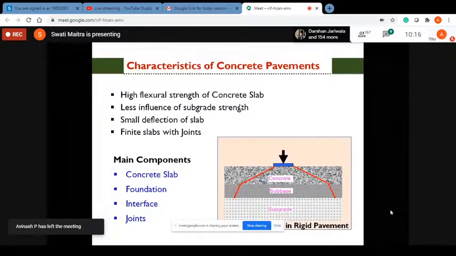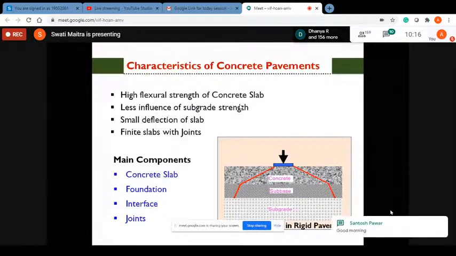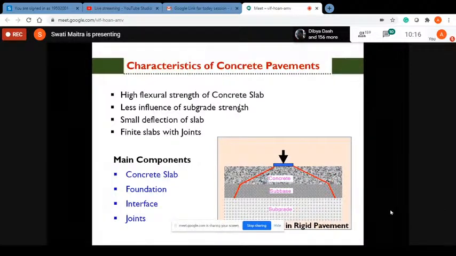In bituminous pavement, you don't find these types of joints unless there is a construction joint, but they are continuous. But in jointed plain concrete pavement, they are not continuous. They are called finite slabs because the joints are present in the transverse as well as the longitudinal direction. So the main components of a rigid pavement are the concrete slab, the foundation, the interface, and the joints.